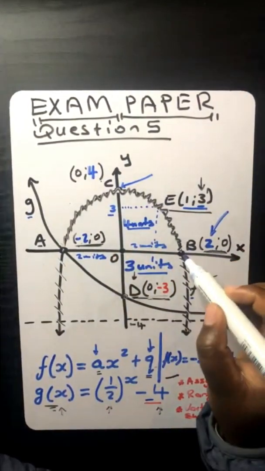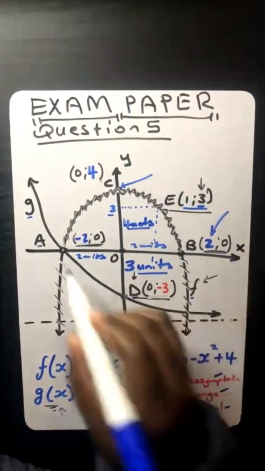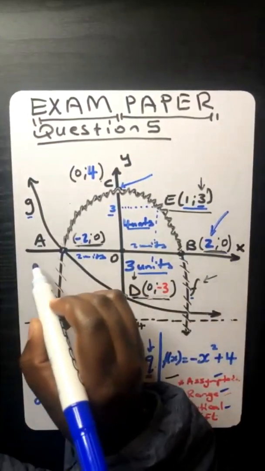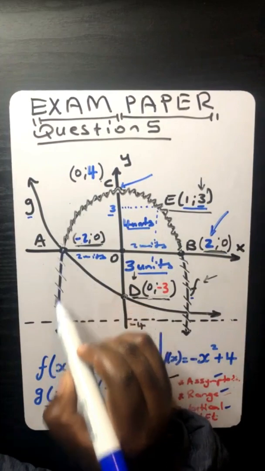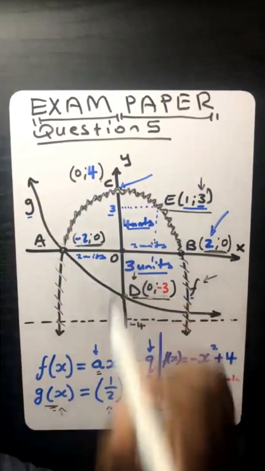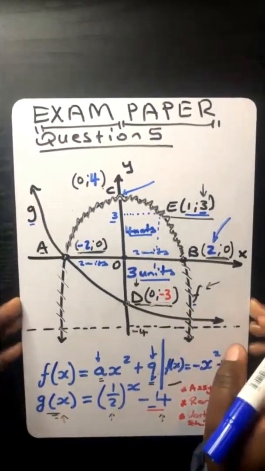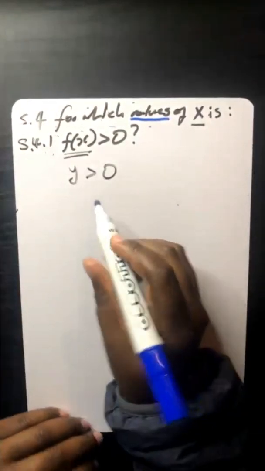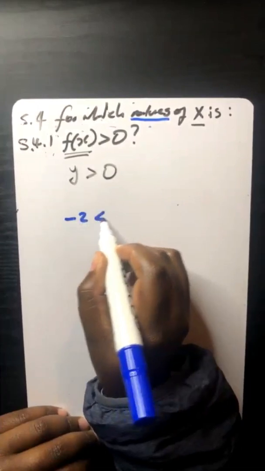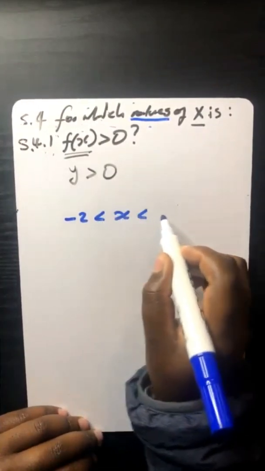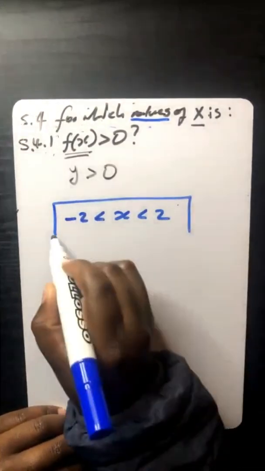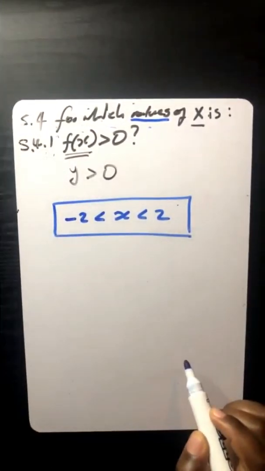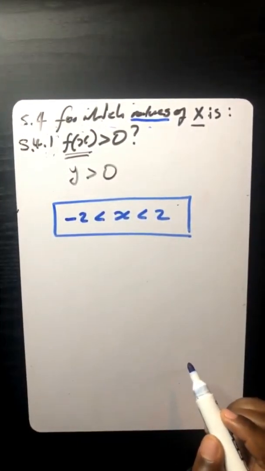Then from this point in that direction, and from this point in that direction, that's where this function is actually below that point over there. So how do you write between -2 and 2? You just say -2 less than x less than 2. This is how you write between -2 and 2.